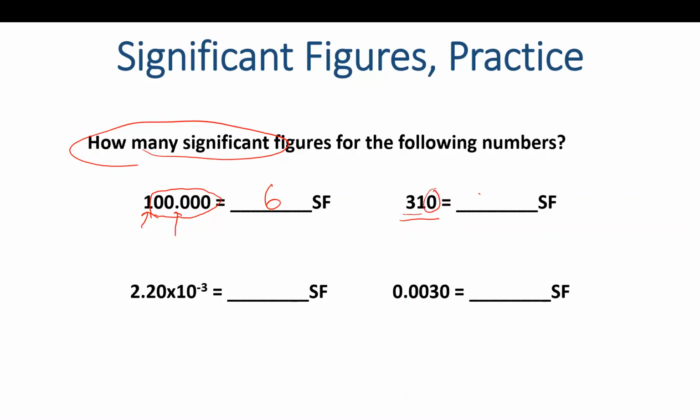There's no decimal. No decimal doesn't count. 2 sig figs. What about this? Trailing zero, but there's a decimal. 3 sig figs. These don't count. Why? They're leading. However, this trailing does. Why? There's a decimal. 2 sig figs.